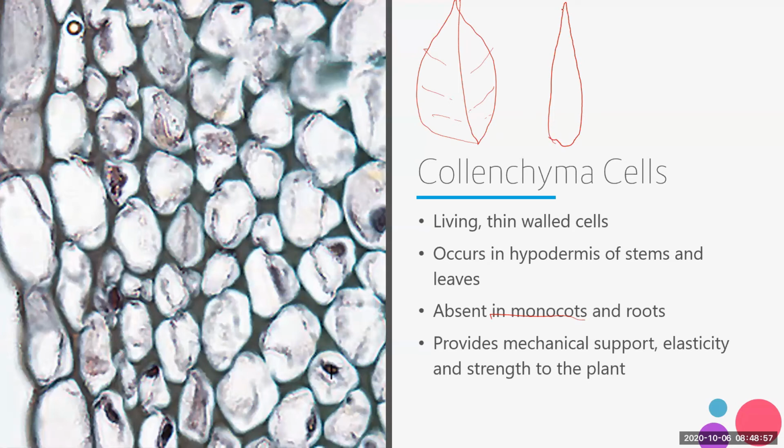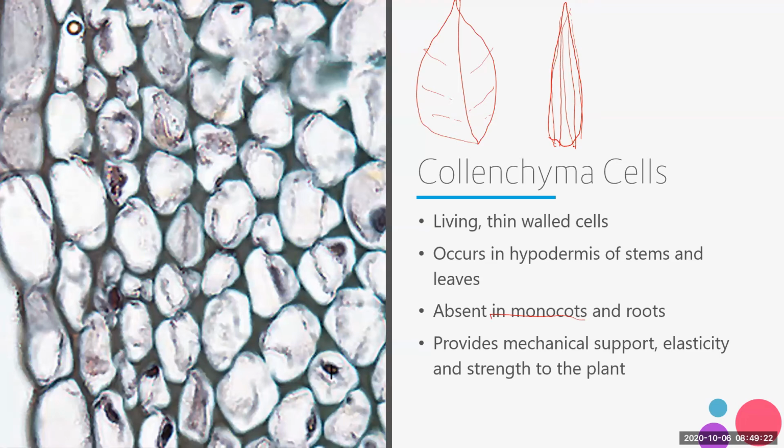But if the leaf pattern looks like this one, parallel lang yung lines, that's a monocot. So collenchyma cells are not found sa mga monocot plants, and they cannot also be found sa roots. So walay collenchymal cells sa roots.